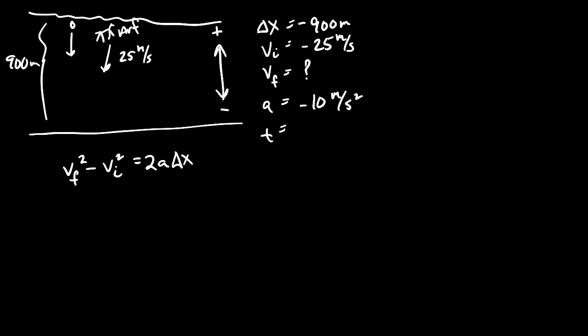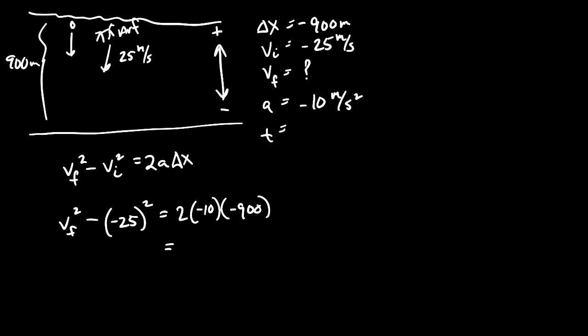It's kind of funny because this relationship can't tell me whether the dog is going up or down when it hits the ground. But I can put all these things in here. That negative 25 is just going to be squared anyways. And negative 10 times negative 900 is just going to cancel out the negatives too. Kind of weird the way that works.